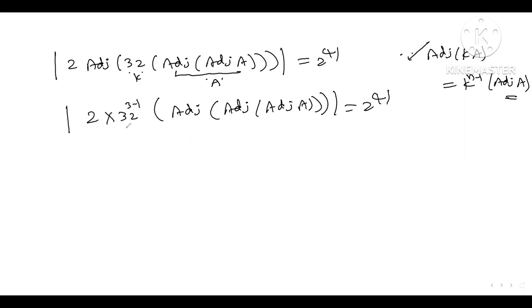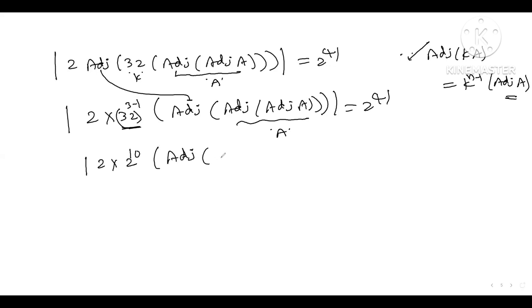Now we apply this formula, 32 to the power 3 minus 1 into adjoint of A, where the inside matrix is A. 32 whole square, and 32 is nothing but 2 to the power 5. 2 to the power 5 whole square is 2 to the power 10 into adjoint of A is equal to 2 power 41. This is 2 power 11.